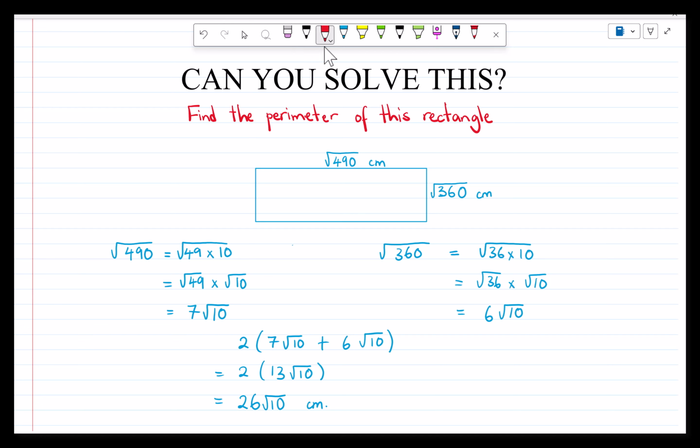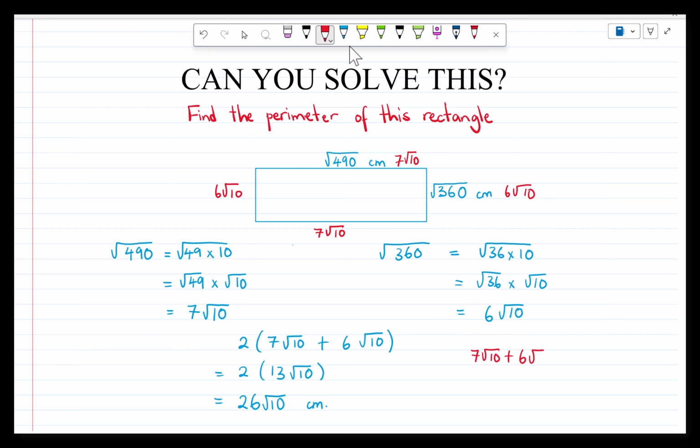Or you can then decide to rewrite this as 7 root 10, and for this side we have 6 root 10, and this length here is 7 root 10, and then this side is 6 root 10, and then we add all these together, so that would be 7 root 10 plus 6 root 10 plus 7 root 10 plus 6 root 10.